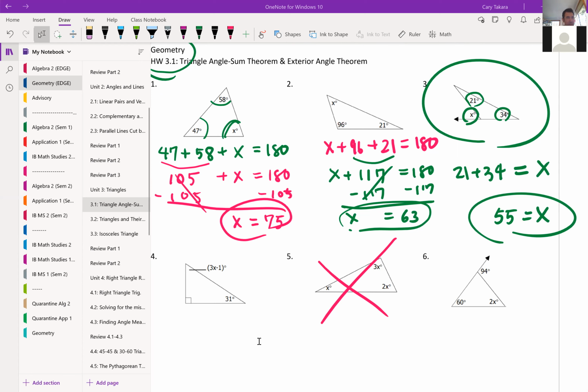If you have, will you share your solution? That's right, Juliana.